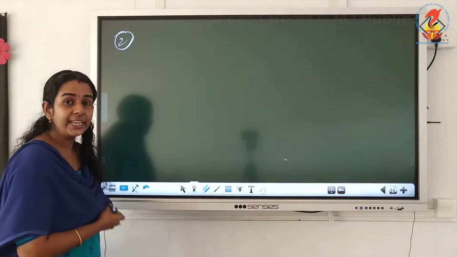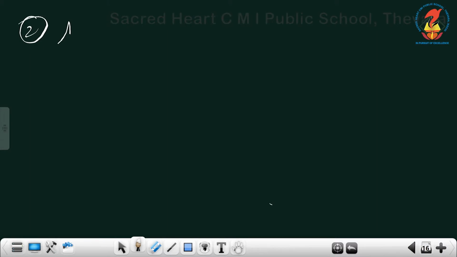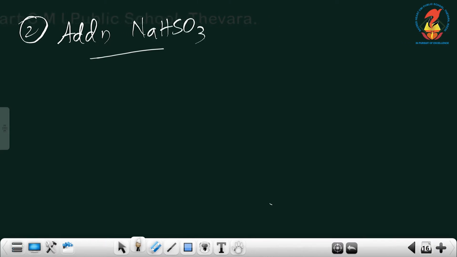Now the second nucleophilic addition reaction is addition of sodium bisulfite. What is the formula of sodium bisulfite? NaHSO3. Remember, it is sodium bisulfite, SO3. Okay, how can we write this mechanism? This is not a big mechanism, only a small mechanism here.